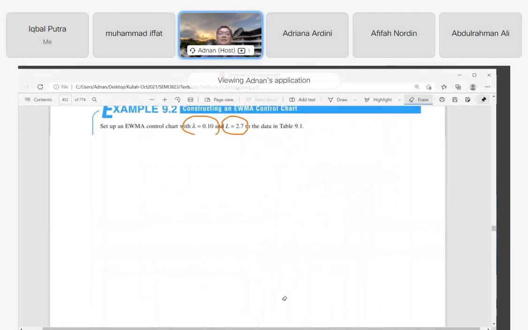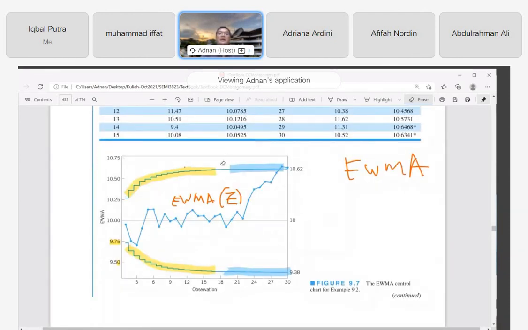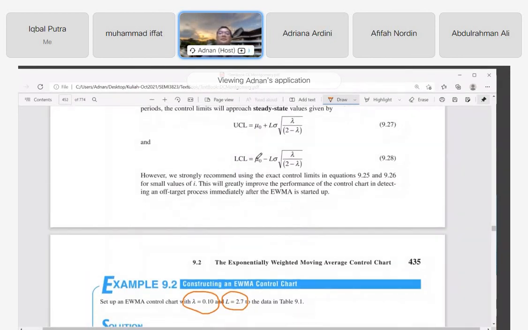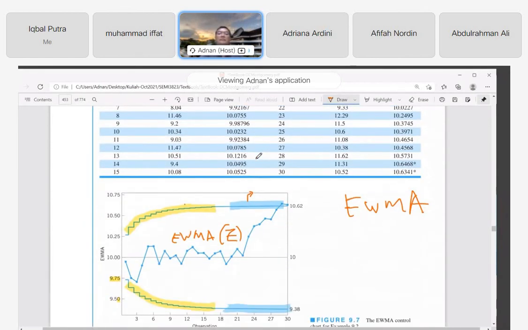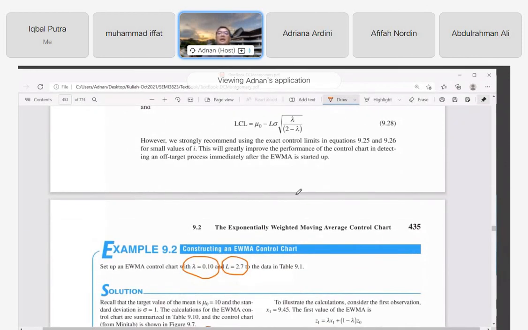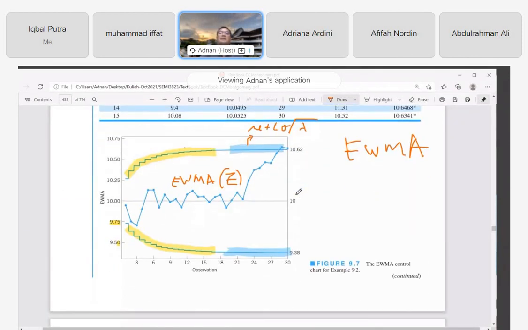If you want to get this part, the blue color, it is determined by this formula, which is mu plus L sigma square root of lambda divided by 2 minus lambda.